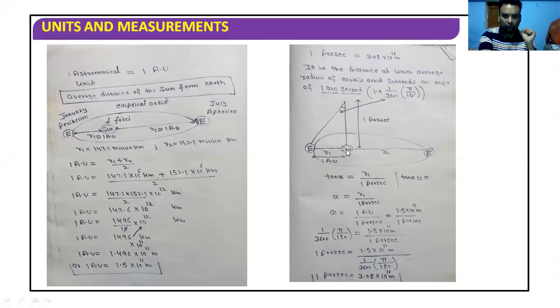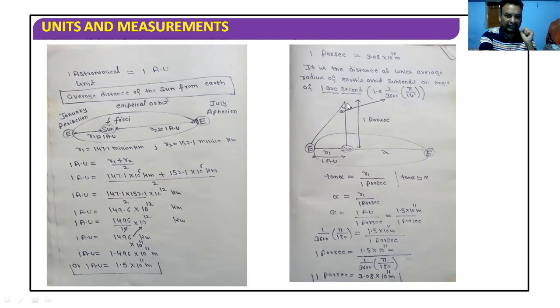I take such a height from the sun where the Earth's orbit subtends an angle alpha. Because the Earth orbit is a curved orbit, we will place the Earth at that point where this angle becomes 1 arc second.